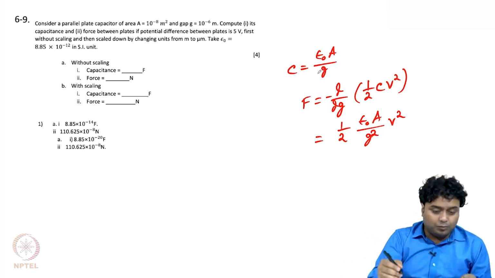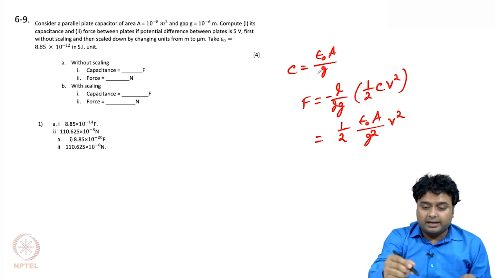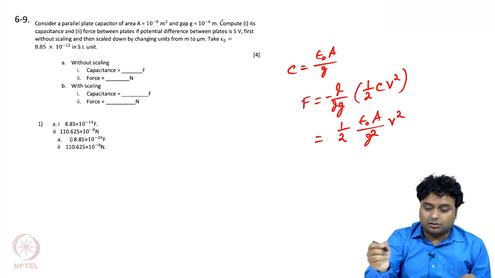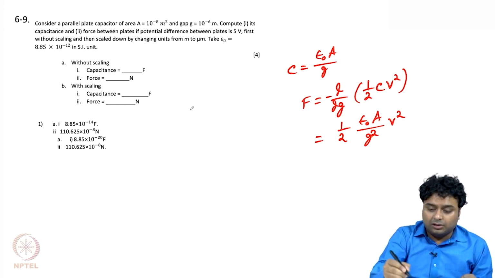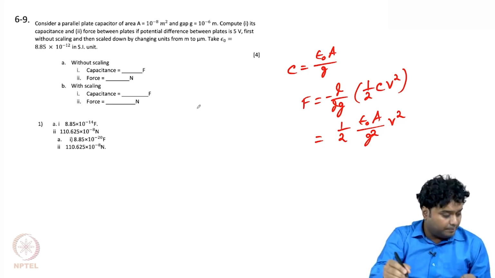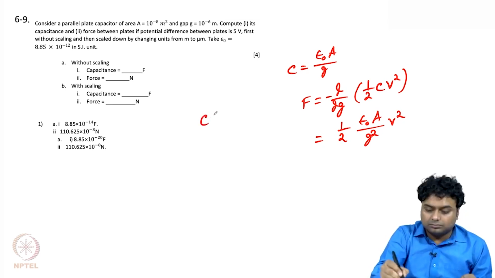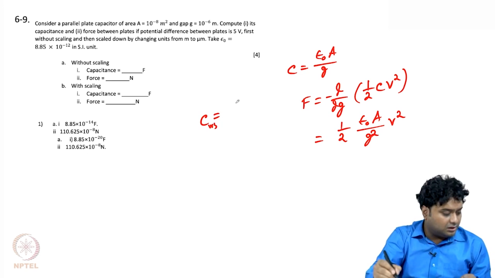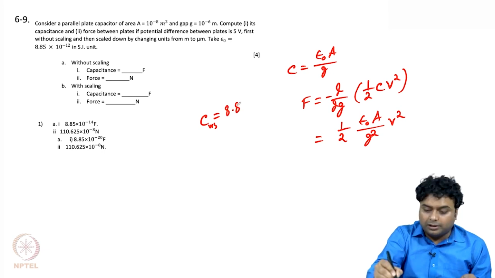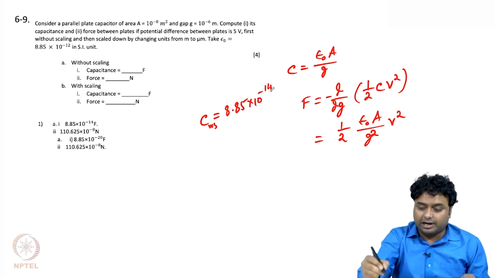If you put all those values, area, gap and epsilon naught, which you already know, then without scaling C is equal to 8.85 into 10 to the power minus 14 farad.